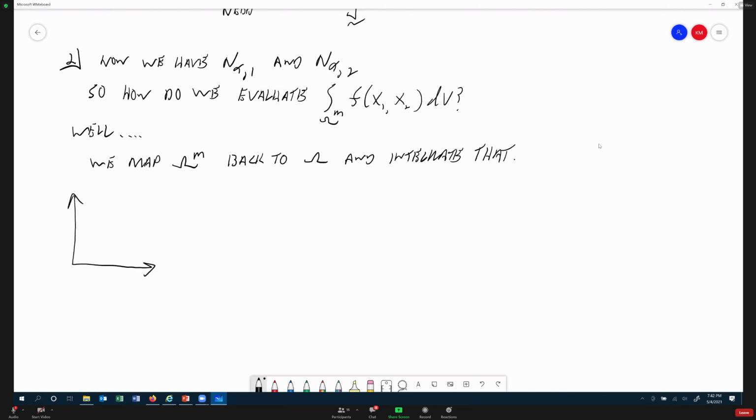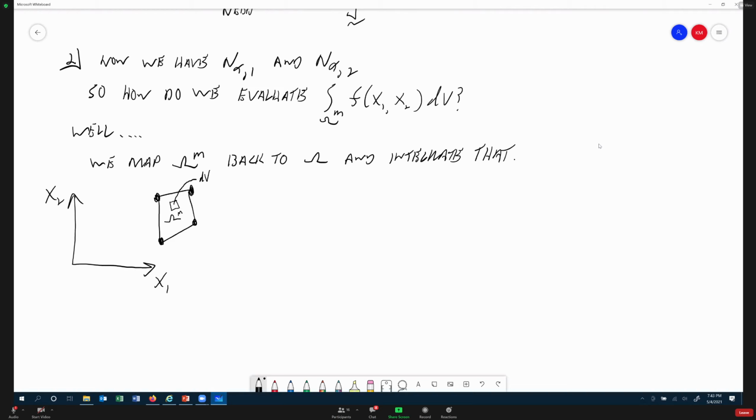So we have this coordinate system here, and we're going to call this x1, x2, back to the beginning of the semester when we were talking about composite stuff. And we have this little volume right here, and we're going to say that this is a dV. So it's just a differential of a volume. And let's say that this is our omega m.